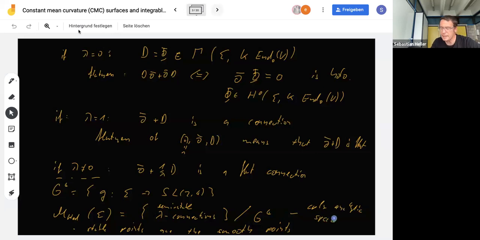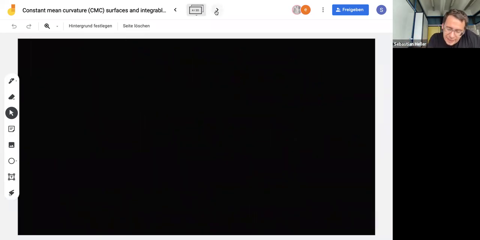And what we automatically get by construction is that, maybe I should write this out. If you have a gauge transformation and a lambda connection consisting of this triple, the gauge transformation just acts in the standard way.